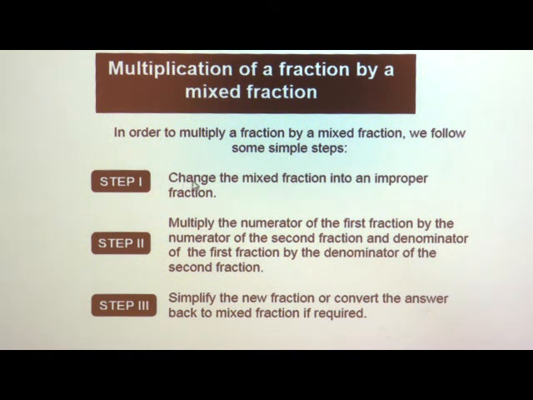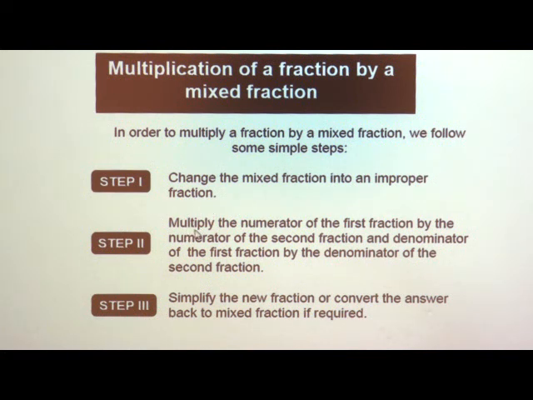First step, change the mixed fraction into an improper fraction, which we had already done in addition of fractions as well as in subtraction of fractions where we got a mixed fraction. First we had converted the mixed fraction into an improper fraction.